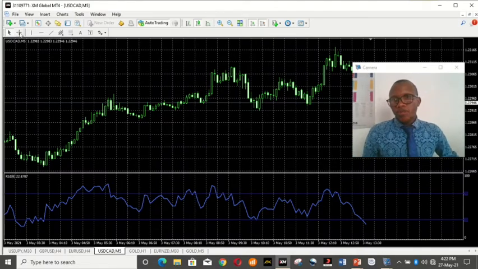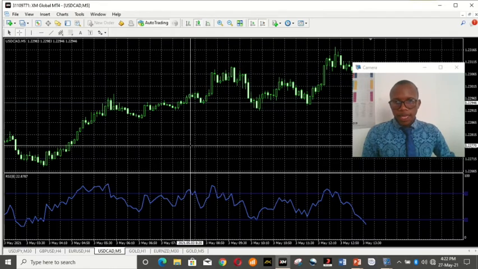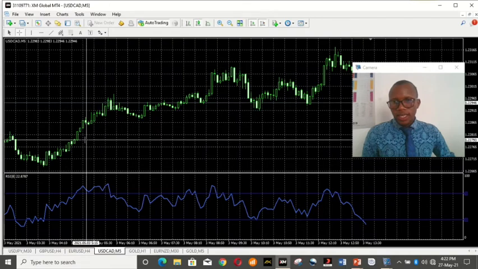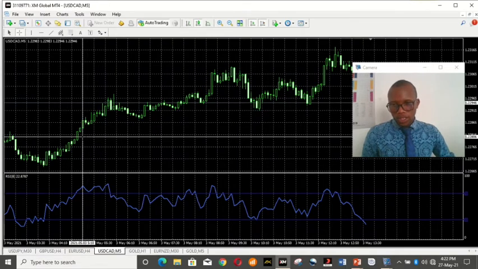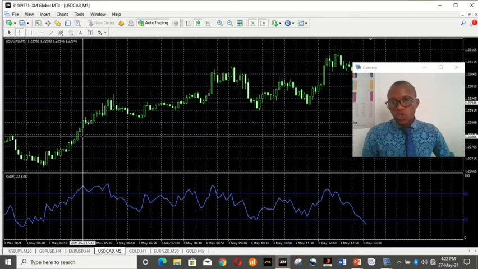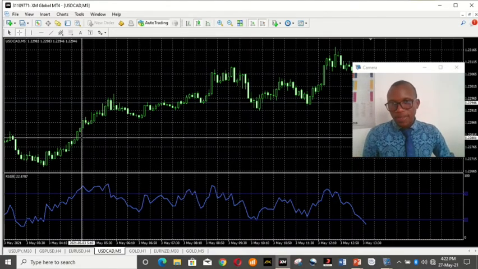So you see here, the market is overbought. It's above the 70% line. So you don't just sell because the market is above the 70% line.